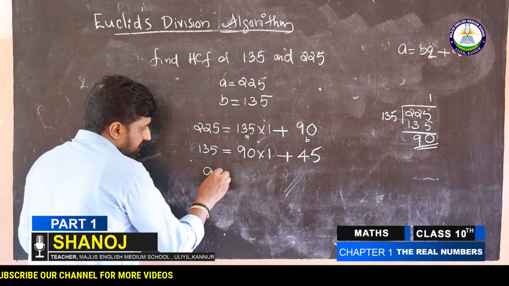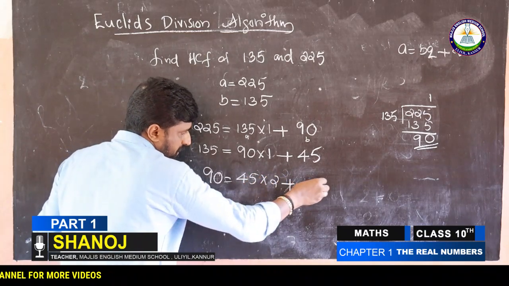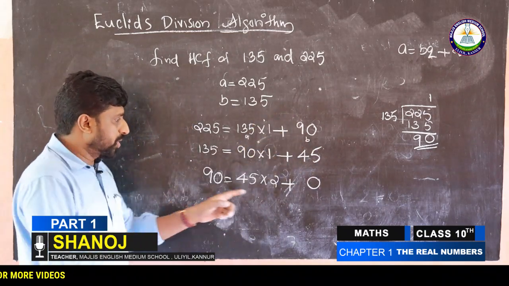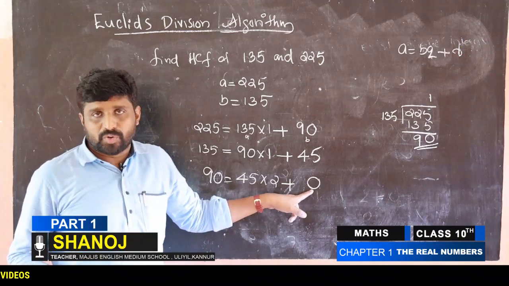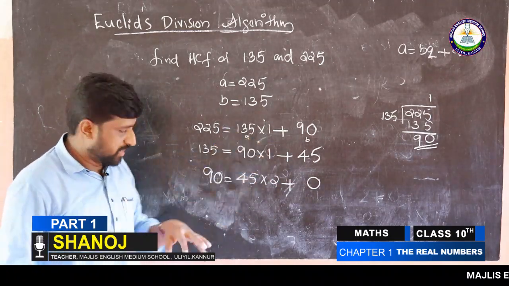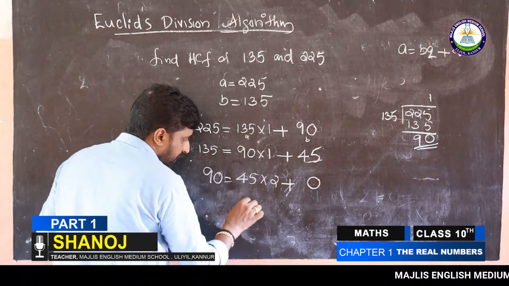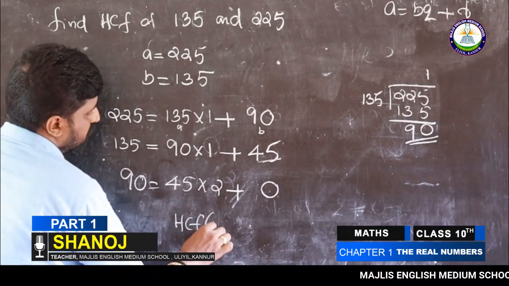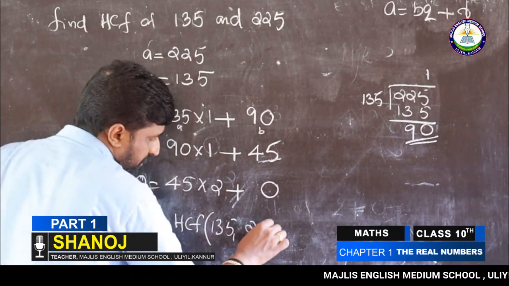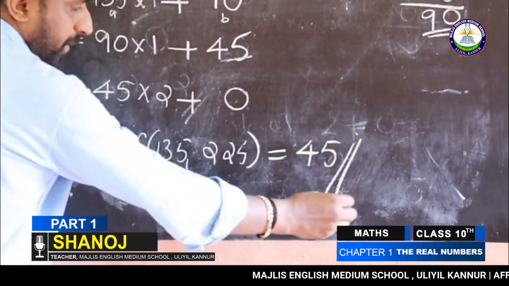Now 90 equal to 45 into 2 plus 0. Now we got the remainder as 0. At that time, which number is here? That is 45. Therefore, when we get the remainder 0, this number is the answer. The HCF of the two numbers 135 and 225 is 45.